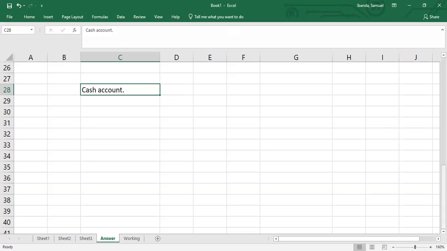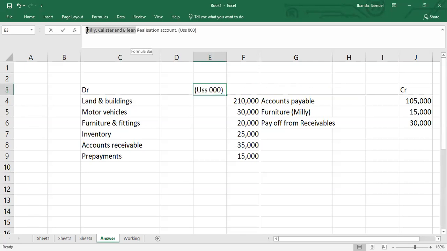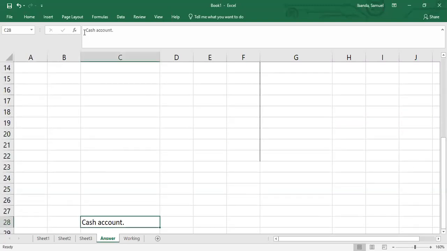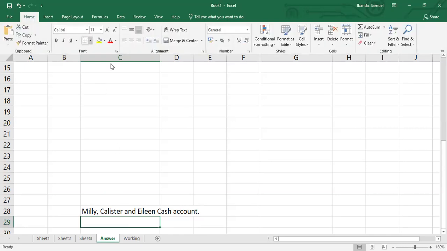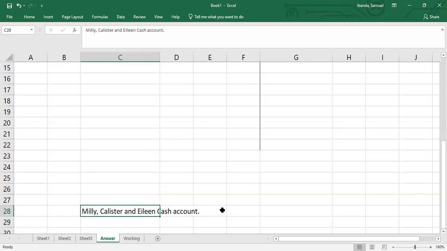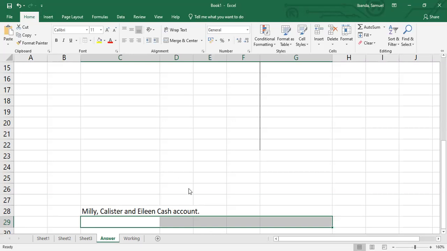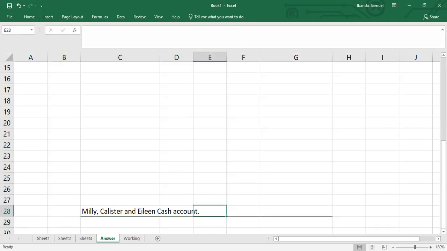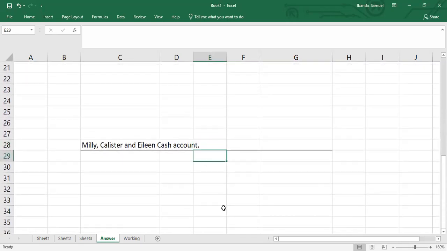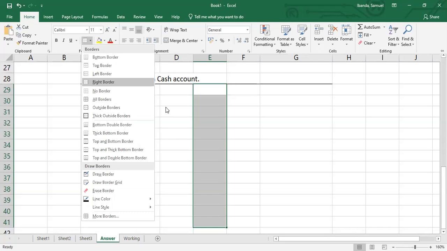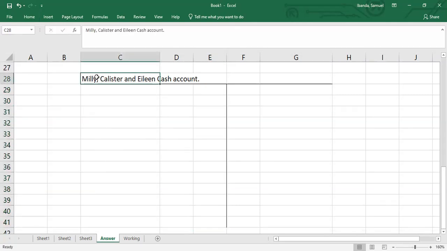So I'll just try to draw the T format for this. Okay, so that's my cash account.